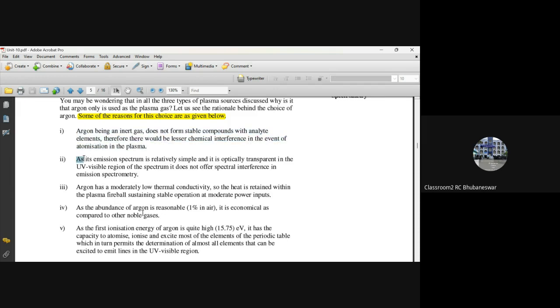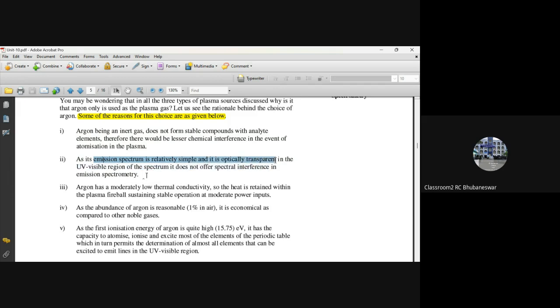Then, as its emission spectrum is relatively simple and it is optically transparent in the UV visible region of the spectrum, it doesn't offer spectral interference in the emission spectrophotometer. What is happening? Its emission spectrum is relatively simple and optically transparent.